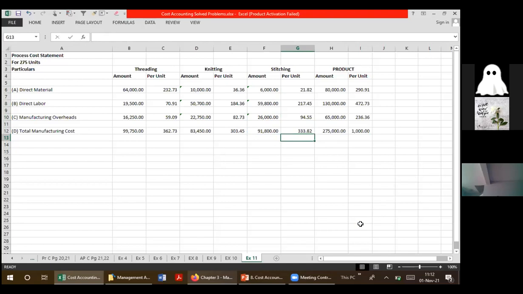Okay, so the same both ways. So that's an example of a process cost statement.